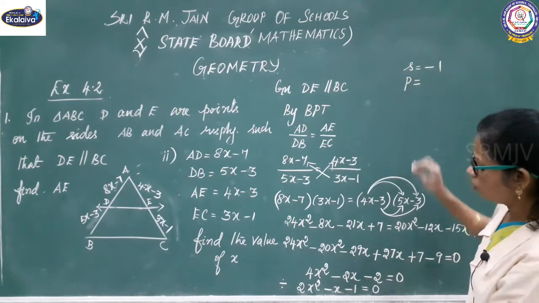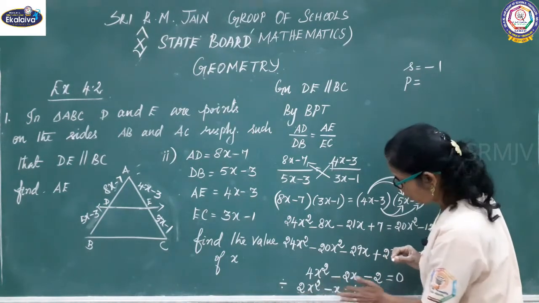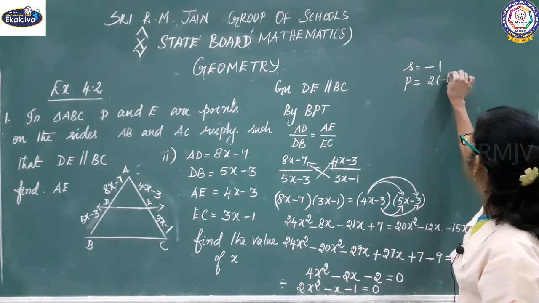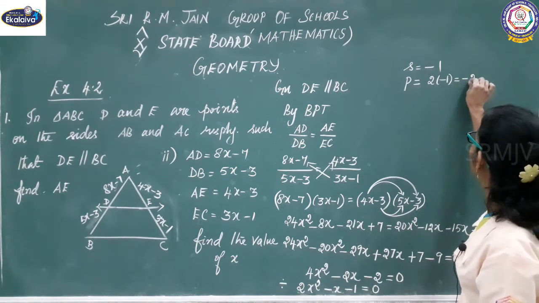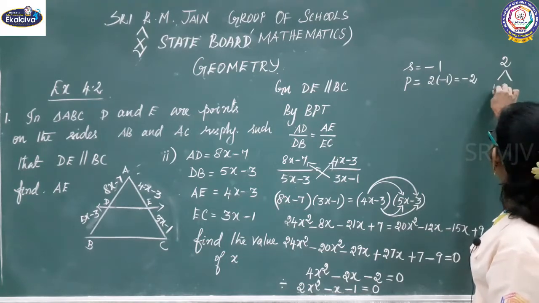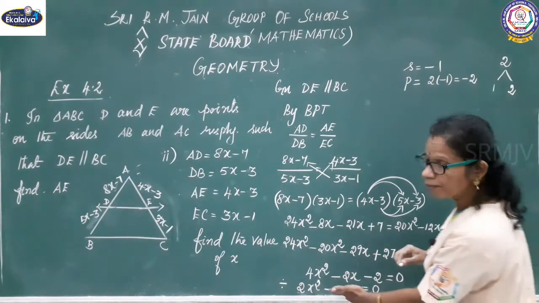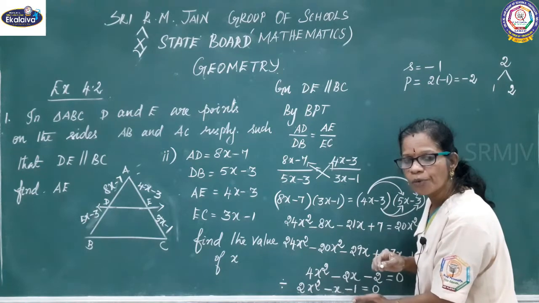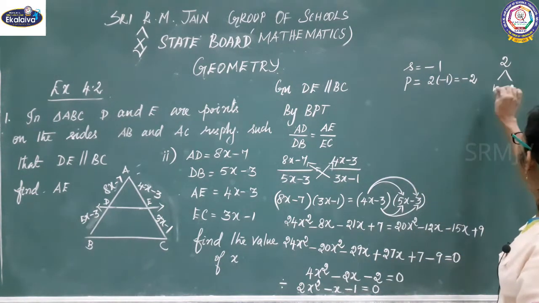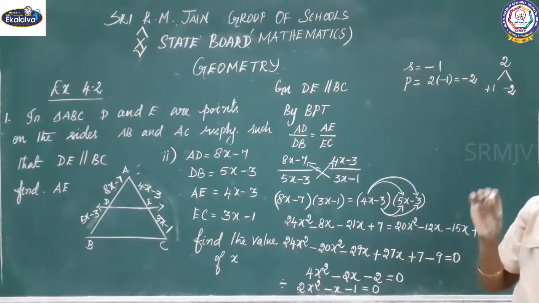Product equal to coefficient of x square and the constant. So, 2 into minus 1 equal to minus 2. What are the possibilities for 2? 1, 2. Sum is negative, product is also negative, bigger number negative, smaller number positive.